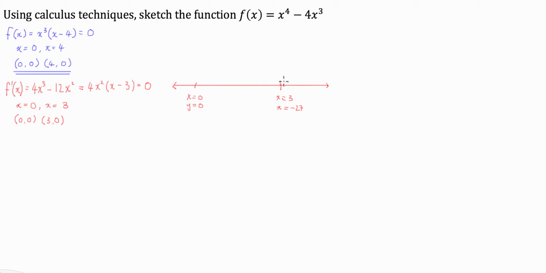Great. So we need to figure out what the value of the gradient is before x equals 0, between x equals 0 and x equals 3, and then after x equals 3.